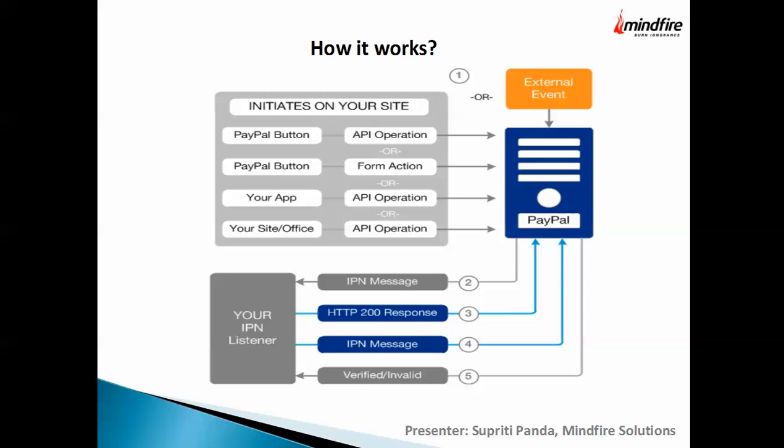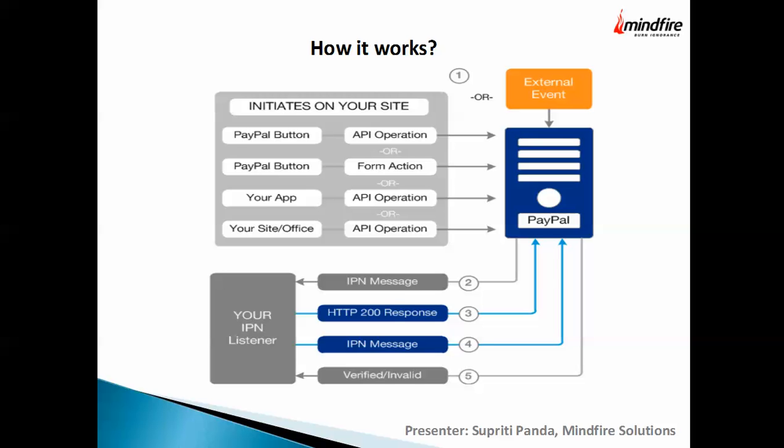It will obviously not contain your card details, but it will contain the order information, the amount, the customer details, the tracking ID, everything, in the form of a query string. PayPal posts this to your listener. It's not GET, it's always POST.